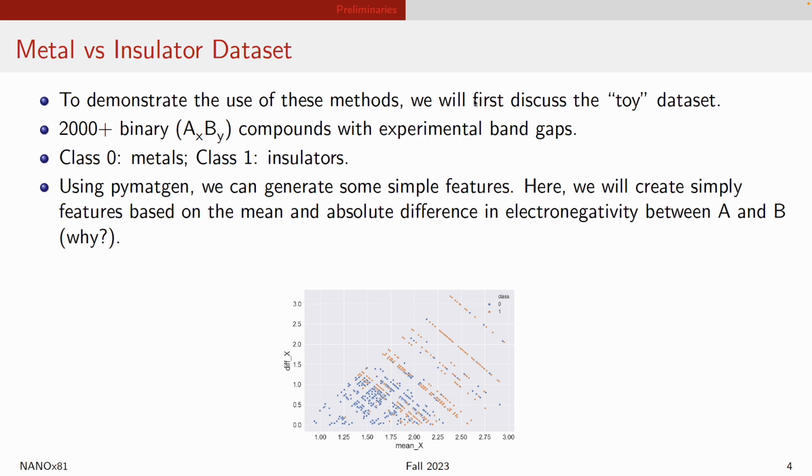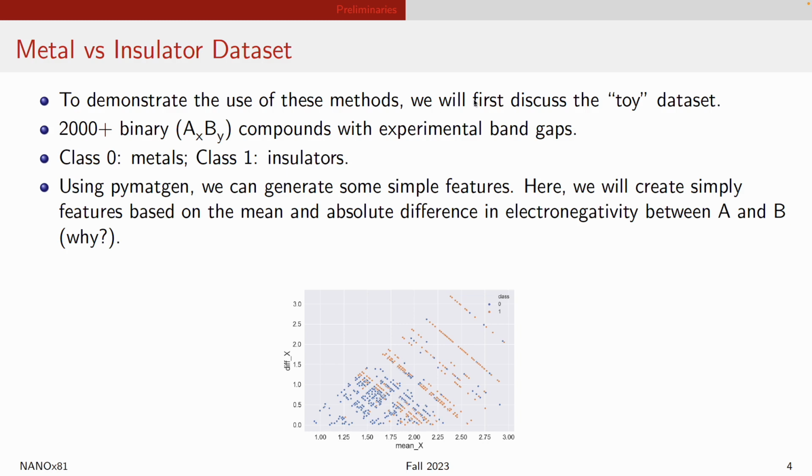And for the purposes of classification and for ease of visualization, we are going to develop a model that is based on only two features. One is the mean of the electronegativity of the elements A and B. And the second feature will be the absolute difference in electronegativity between A and B, all right?